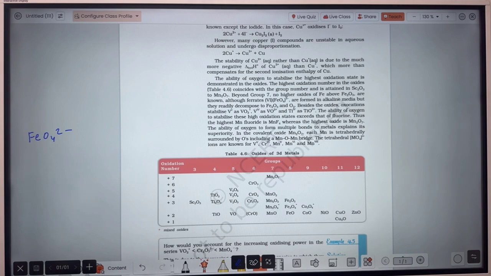What's the oxidation number of iron? So iron here is suppose X, 4 oxygens with oxidation number -2, and the total equals -2. So X equals +6.